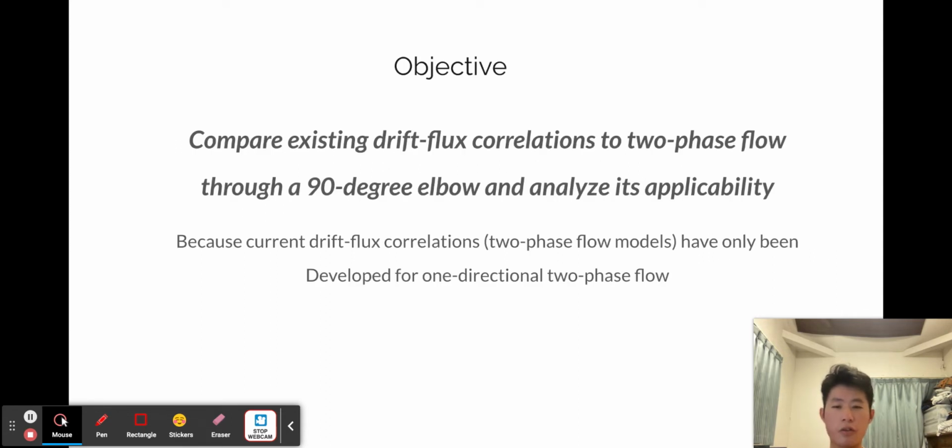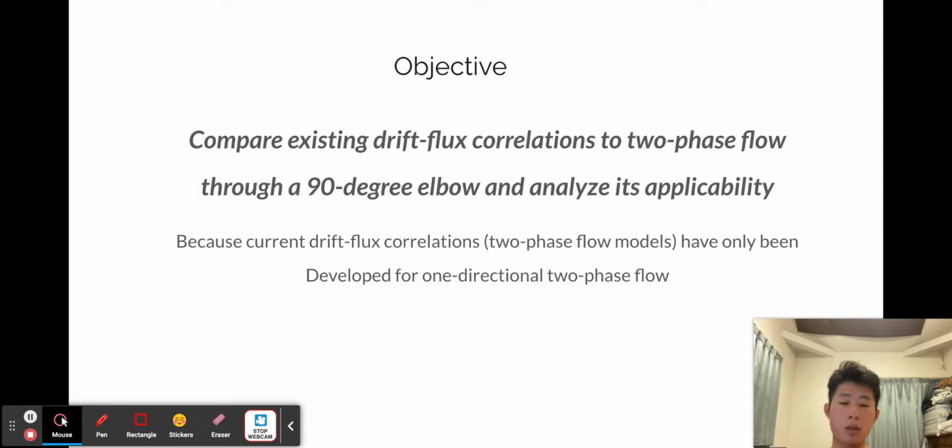So the objective of my study was to compare existing drift flux correlations, which are basically two-phase flow models, to current data through a 90-degree elbow and analyze its applicability. The reason why it's a 90-degree elbow is because there's not really much study conducted for two-phase flow through a 90-degree elbow.